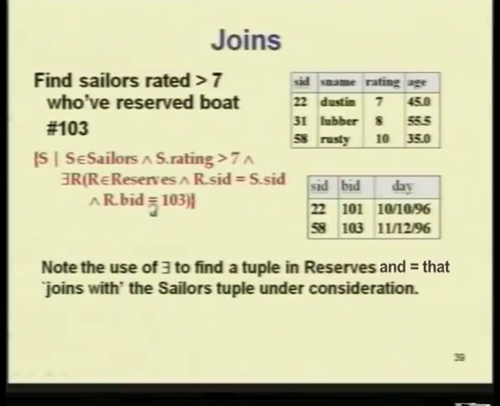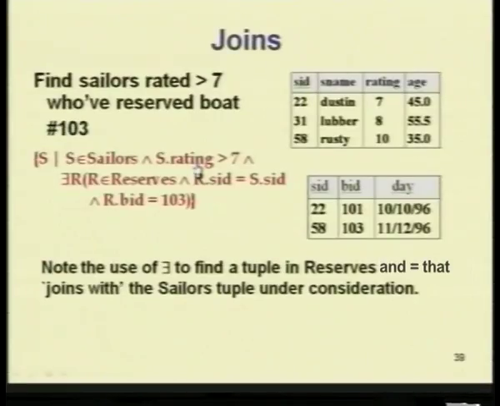So, these two we are joining together with this relation, and we have another condition, R dot bid is equal to 103. This essentially says find me all tuples belonging to the sailors relation whose rating is greater than 7 and for whom there exists an R belonging to reserves where R dot sid is equal to S dot sid, and in addition they should have reserved boat 103.